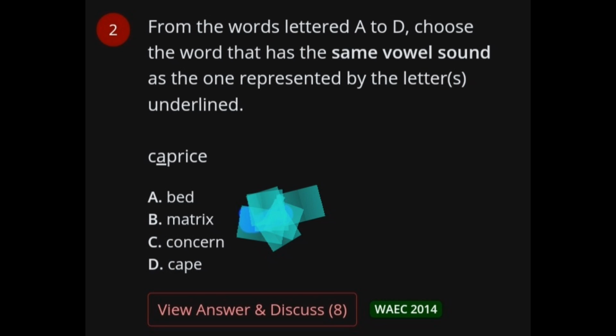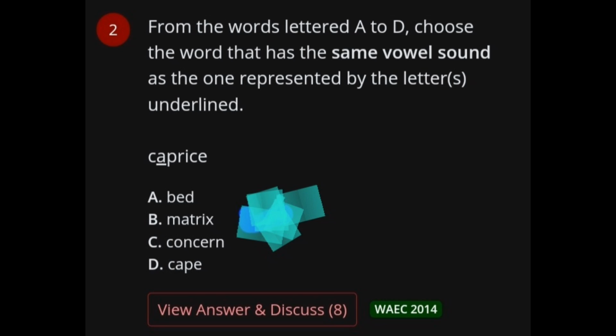So, in the word caprice, letter A has been underlined, and that letter A sounds /æ/. The short A is what is represented in letter A there. And so only the word matrix has the short sound /æ/ in it. So matrix, caprice, matrix.